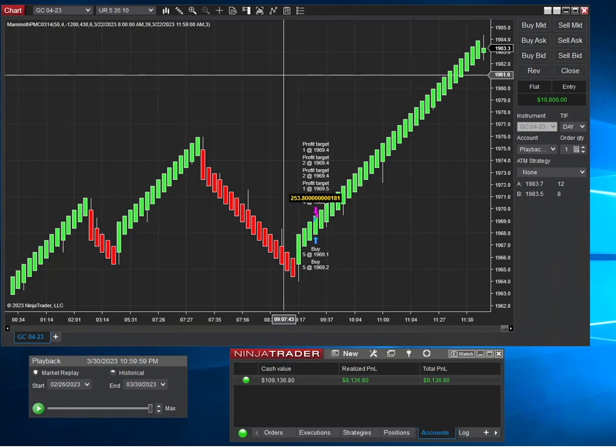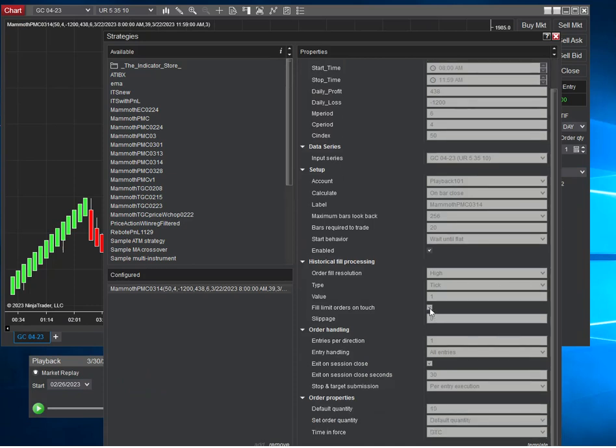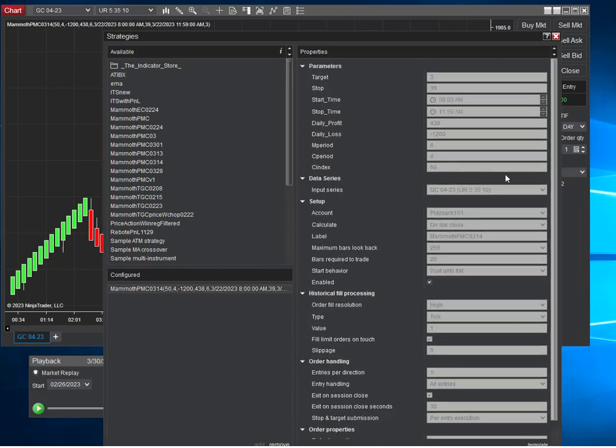The reason there's several important parts we have to mention is that the trading time is 8 a.m. Central Time to avoid news, all kinds of things. And here you have to check this box to fill limit orders on touch. It has to be checked, no doubt. And the rest is just fine.